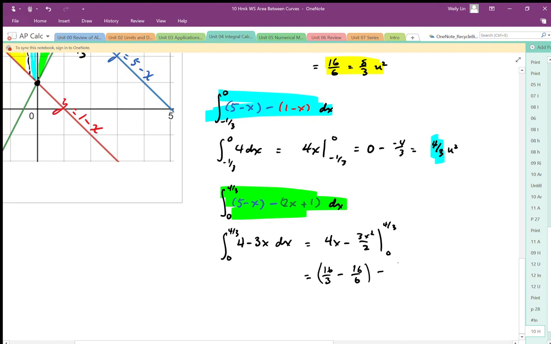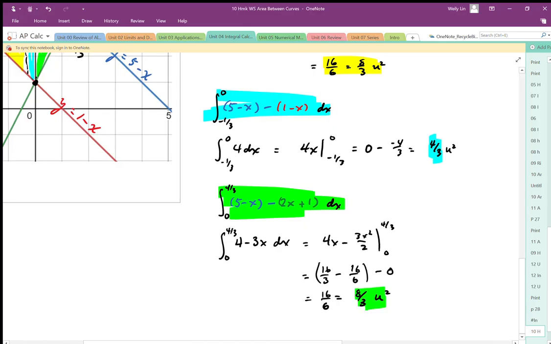And then we minus 0, so this area is going to end up being positive 16 over 6 units squared, which is 8/3 units squared. So that represents the green area.